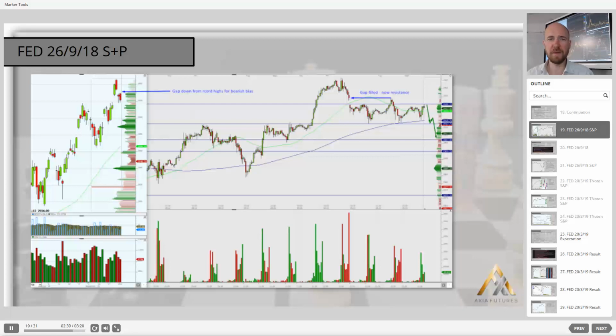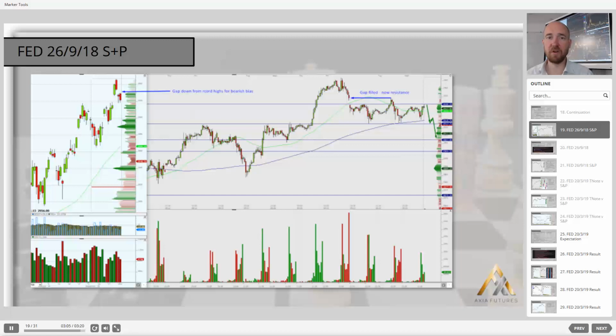So that's going to be your plan going into this, that your tolerance to get into a trade is going to be lower if it's a situation that gives you the opportunities to sell, whereas your willingness to go long is going to be that much more diminished because of the fact that there's quite a lot of hurdles to a continuation upside within a market that is already beginning to turn back.